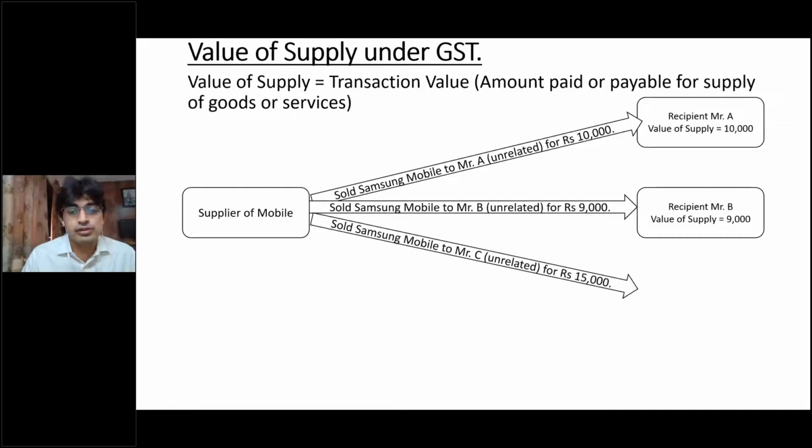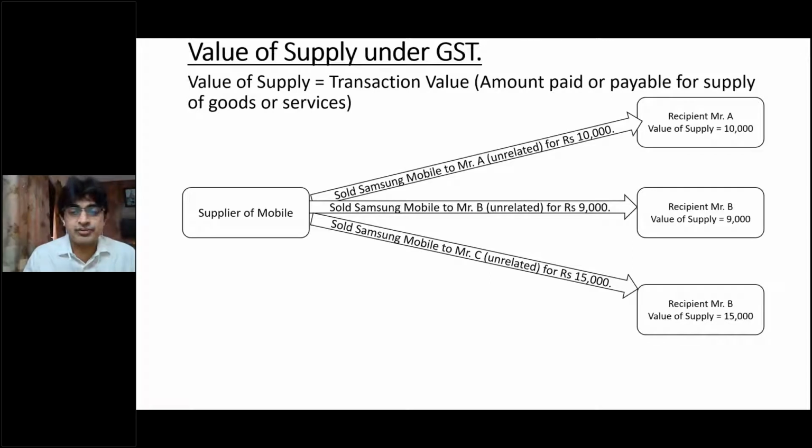Now the same mobile is sold to Mr. C for rupees 15,000. What will be the value of supply? On what amount will you charge GST? Are the supplier and Mr. C related? No. And there is only monetary consideration. Hence, the value of supply shall be 15,000.